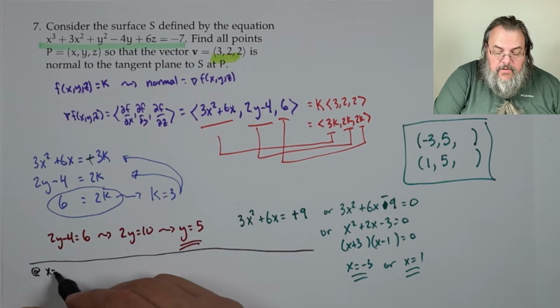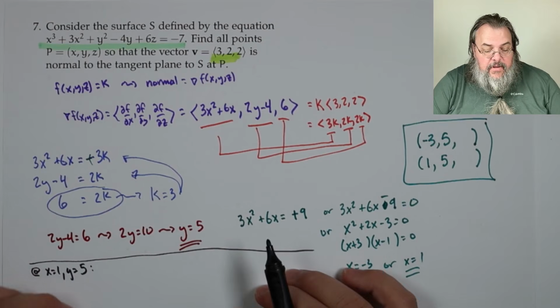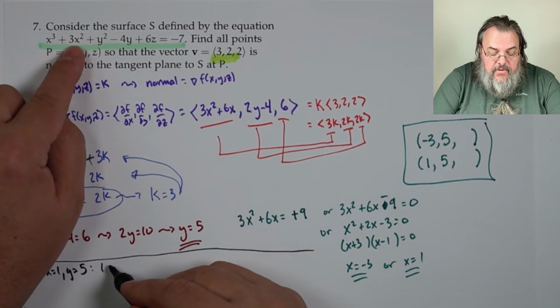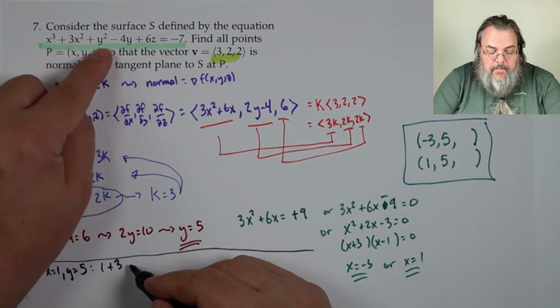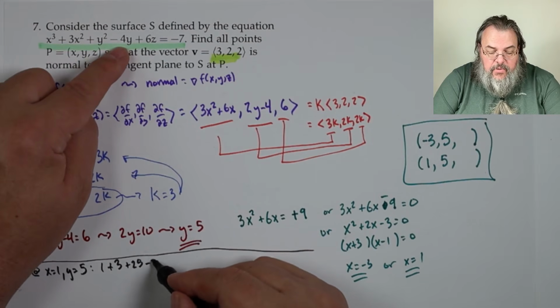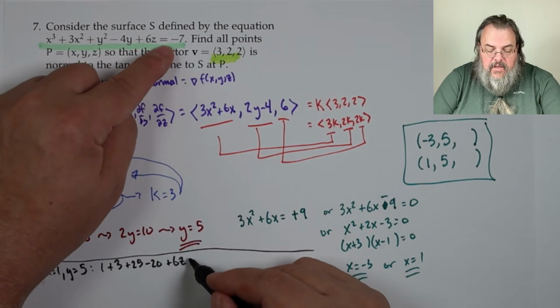At x equals 1, y equals 5, we're going to get 1 plus 3 plus 25 minus 20 plus 6 times z equals negative 7.